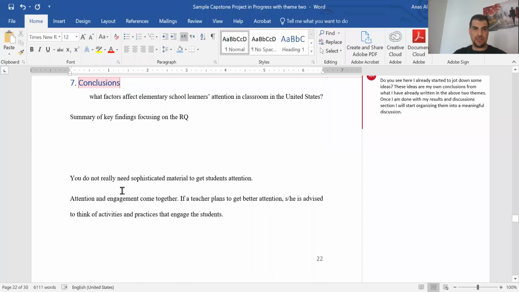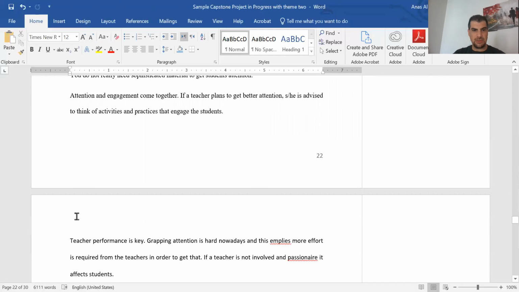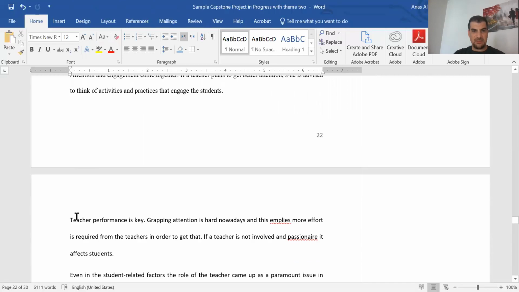You don't really need sophisticated material to get student attention. Attention and engagement come together. If a teacher plans to get better attention, she's advised to think of activities and practices that engage the students. Teacher performance is key. Rapid attention is hard nowadays, and this implies more effort required from the teachers.